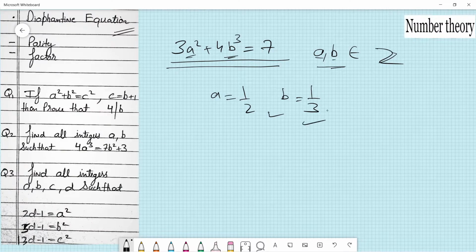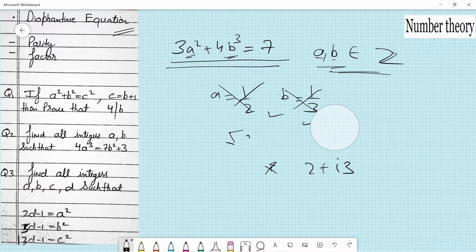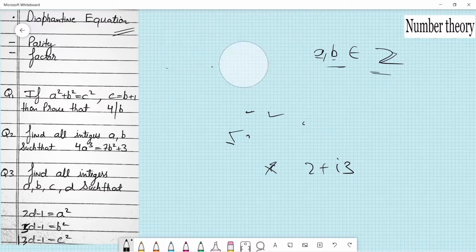They may very well satisfy this equation, but we are not interested in these solutions. We are only interested in integer solutions. Nor are we interested in irrational solutions, nor are we interested in complex solutions. Okay, we are only interested in integral solutions.